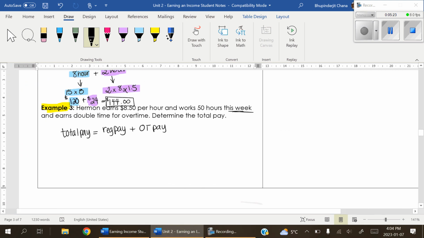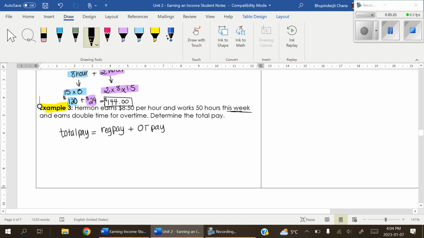So the first 44 hours are going to be regular pay. Then we're going to go 50 minus 44 to give us how many hours will be used for overtime, which is going to be 6 hours.